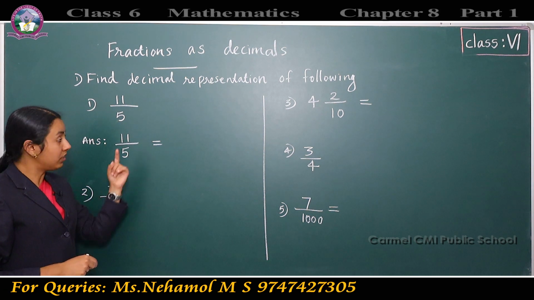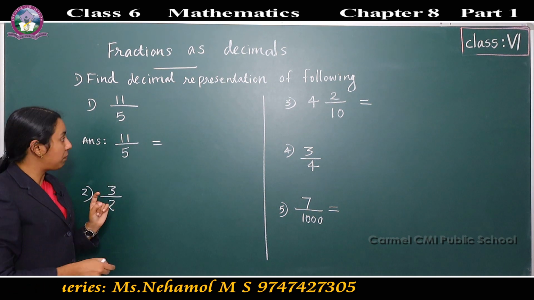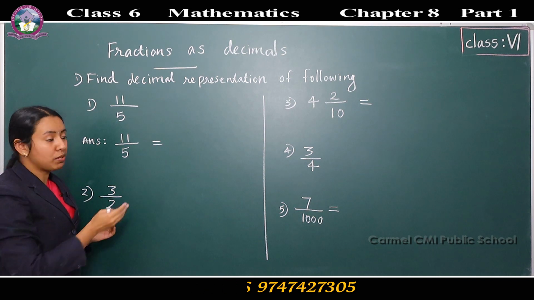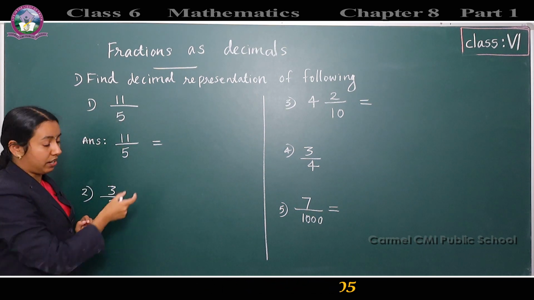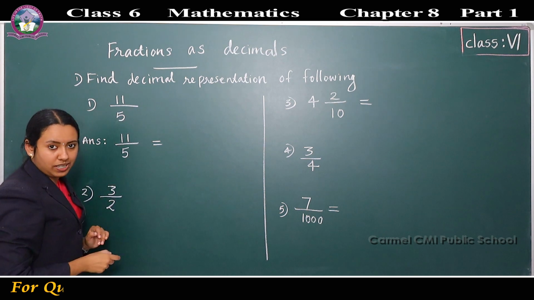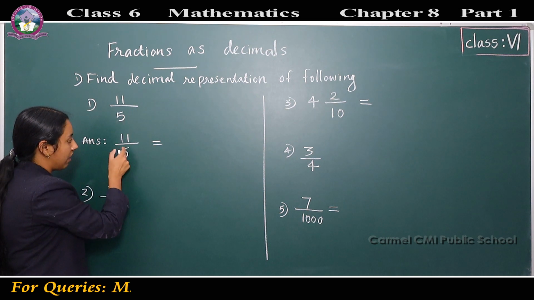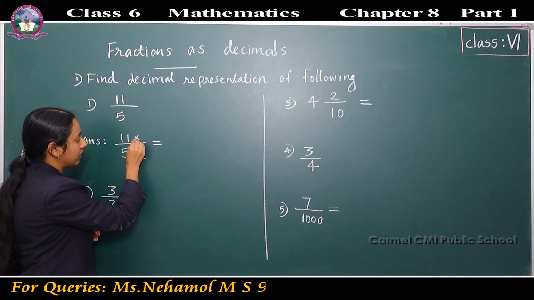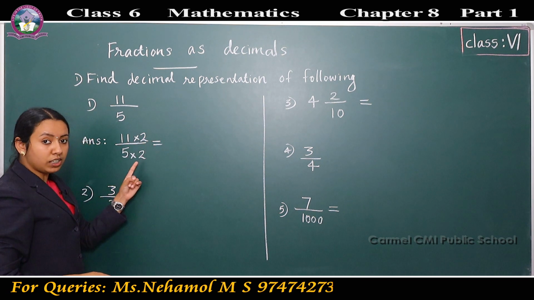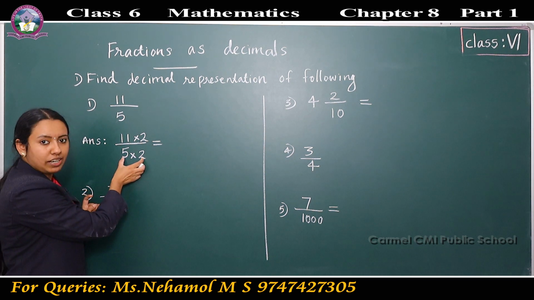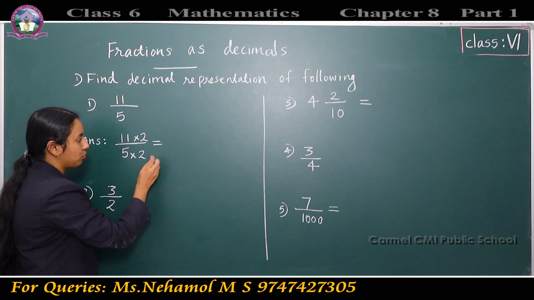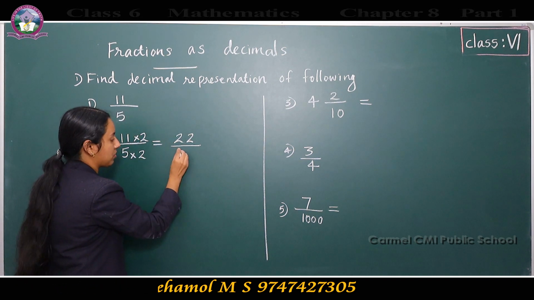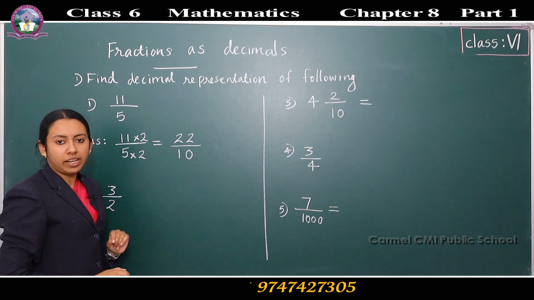In the last chapter, we studied if we multiply both numerator and denominator with the same number, there will be no change in the value. Then, 5 into 2 is 10. So, 11 by 5, if we multiply both numerator and denominator with 2, we got denominator as 10. 11 into 2 is 22, 5 2s are 10. 22 by 10.